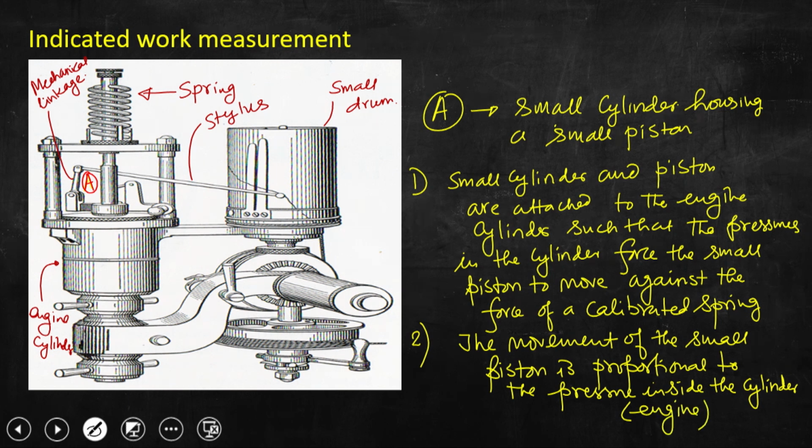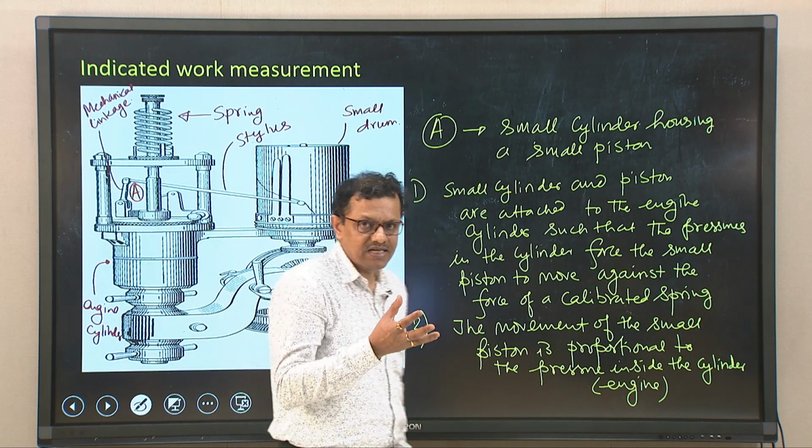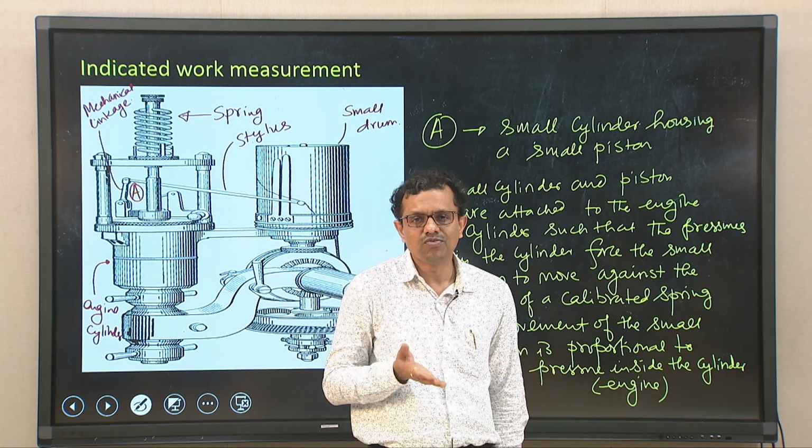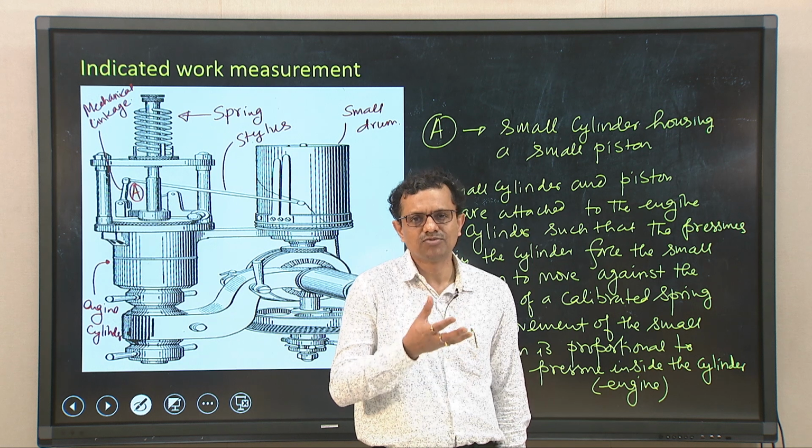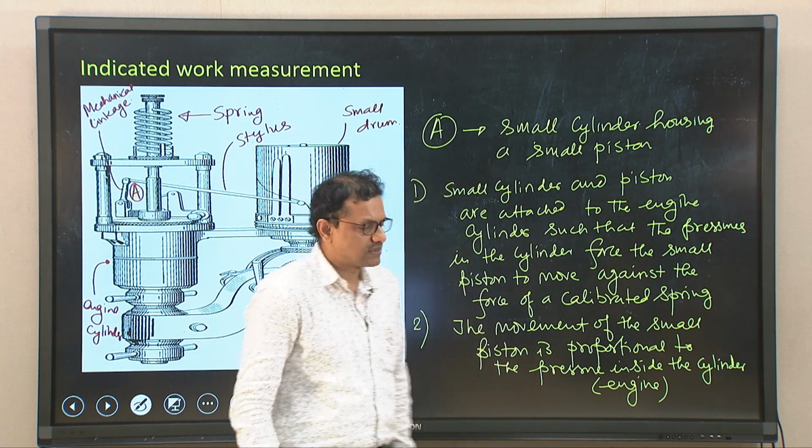That means if the pressure inside the engine cylinder is low, movement will be low. If pressure is high, large movement will be there. So, that is what it is.